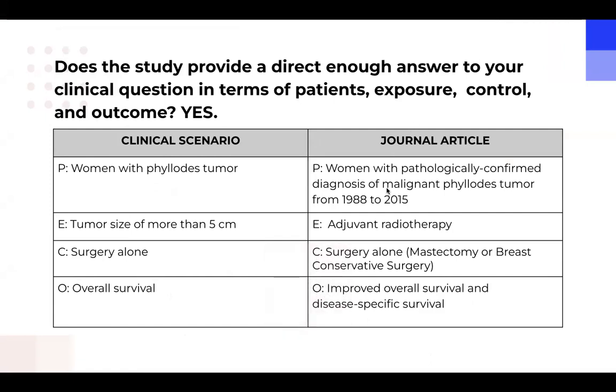The exposure is adjuvant radiotherapy. The control is surgery alone, or breast conservative surgery, and the outcome is improved overall survival and disease-specific survival. Does the study provide a direct enough answer to your clinical question in terms of patients, exposure, control, and outcome? The answer would be yes.